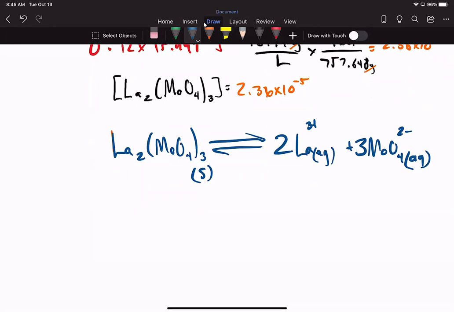By looking at this, we can do the stoichiometry here. The stoichiometry is rather simple, and I don't think it's necessary, but I will go through it real quick.